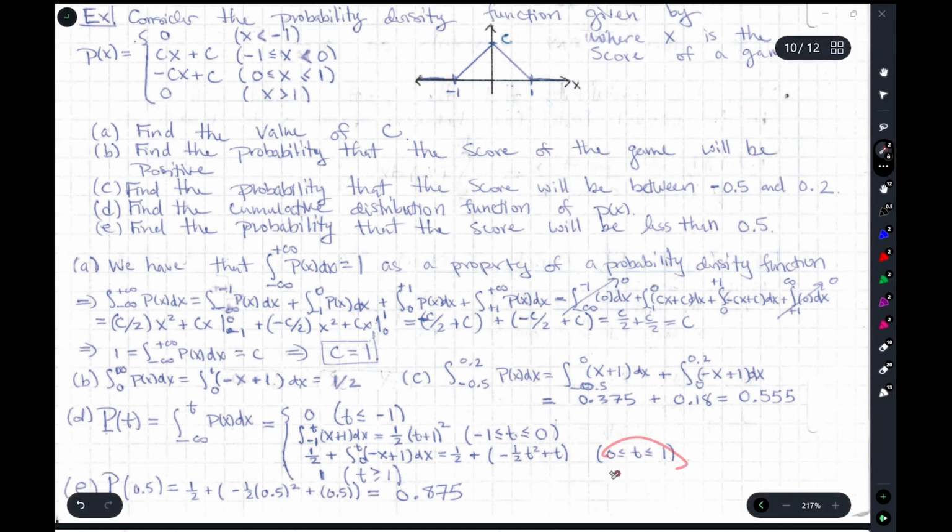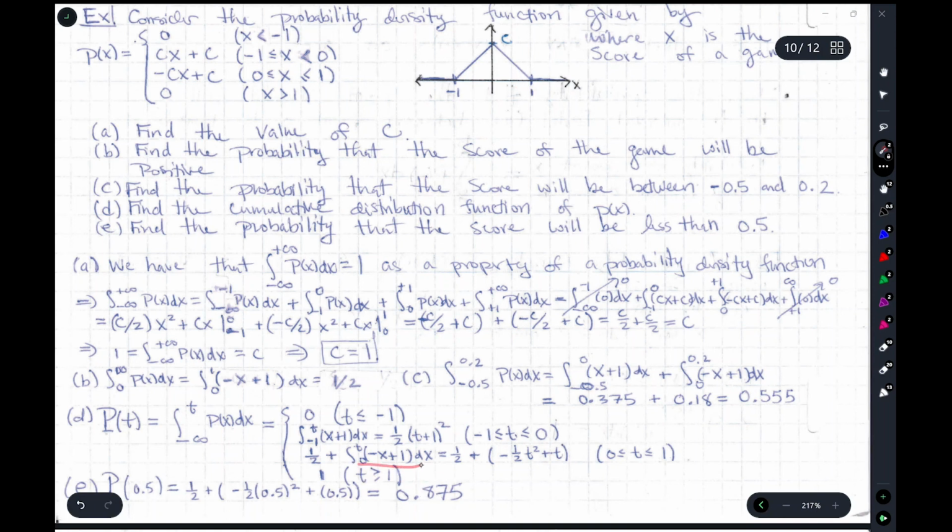What about when t is between 0 and 1? Here we'll integrate to 0 first, so we'll have minus 1 to 0. We plug in a 0 for that t, and we get 1/2, and that's where this 1/2 is coming from. Plus our integral from 0 to whatever value t lies between 0 and 1.